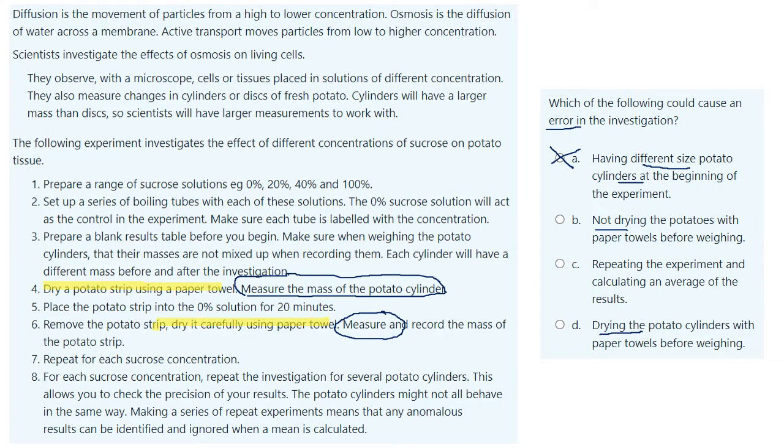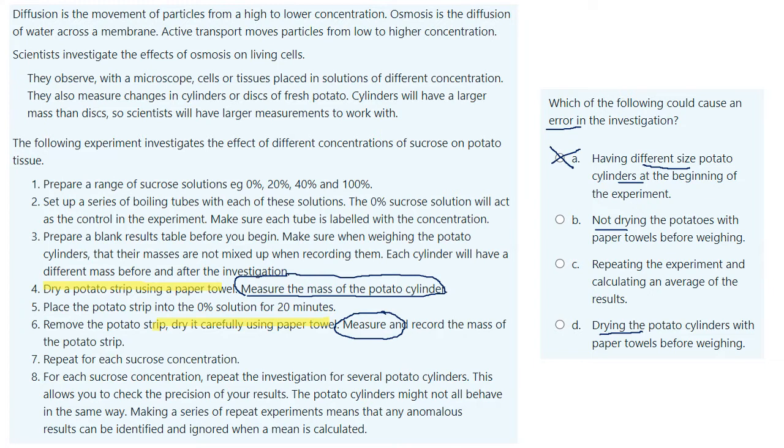If the potatoes were not dried, then the person doing the measurement would be weighing the potato as well as the water on the outside of the potato. The experimenter only wants to measure the mass of the potato, nothing on the outside of the potato. So by drying the potato first, any extra water that's on the outside surface will be removed and the mass will be calculated for the potato only.